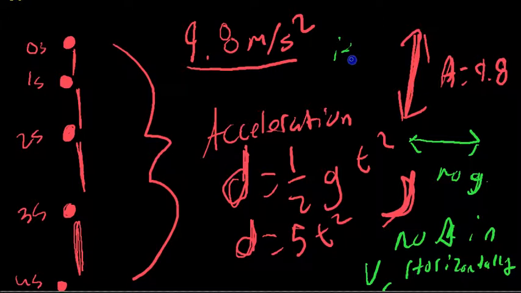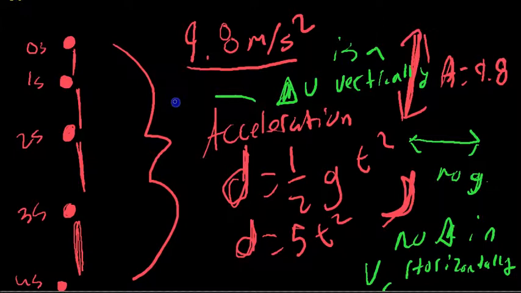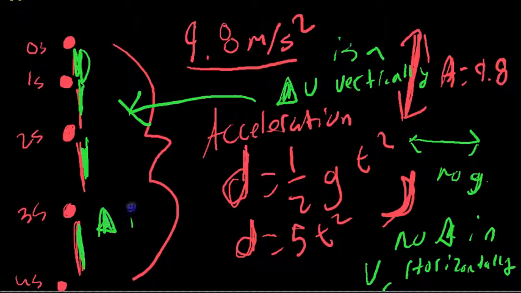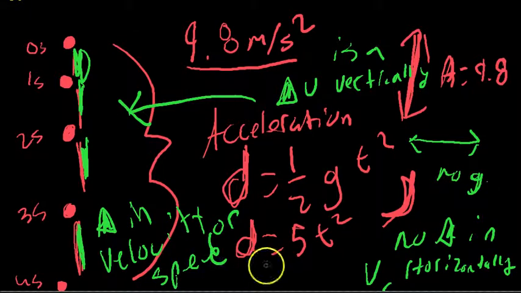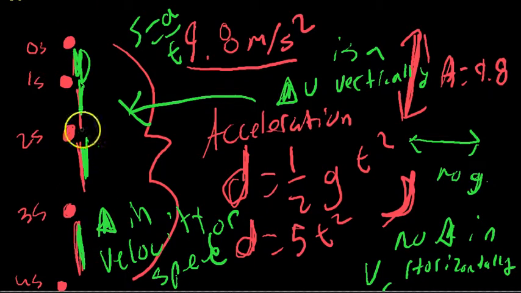But there is a change in v vertically, which is what we saw here. You can think of each passing time interval getting bigger and bigger as a change in velocity, or speed, because our speed equation is speed equals distance over time. So that's how that factors in there.